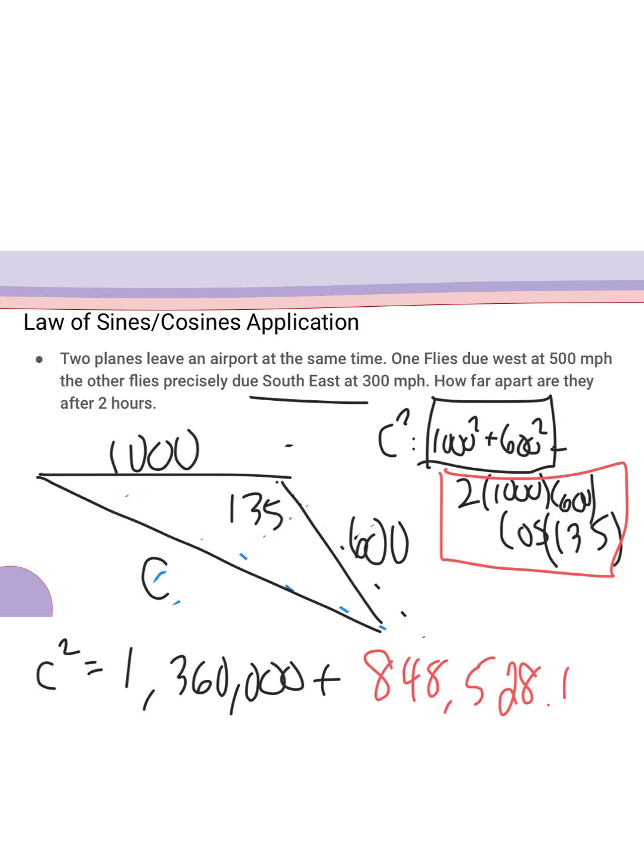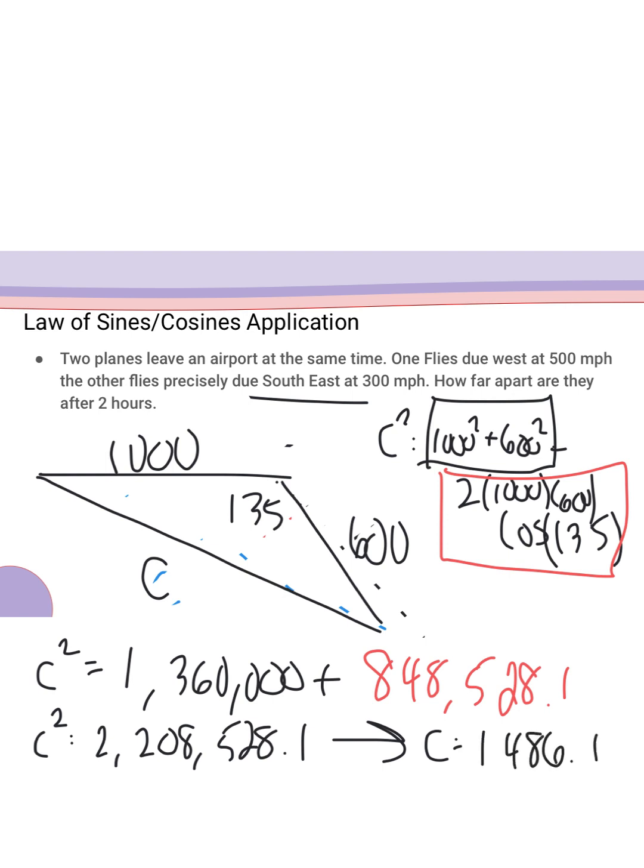So then I add, and I get C squared equals 2,208,528.1. And now taking the square root of that number gets me 1,486.1 roughly feet apart.